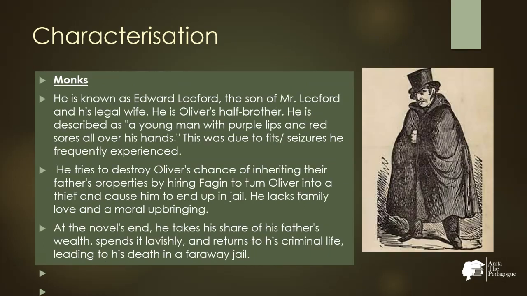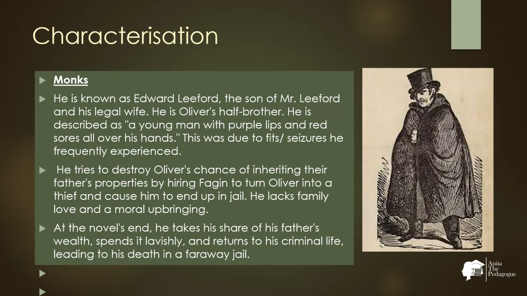Monks. He is known as Edward Leeford, the son of Mr. Leeford and his legal wife. He is Oliver's half-brother. He is described as a young man with purple lips and red sores all over his hands. This was due to his fits or seizures, which he frequently experienced.